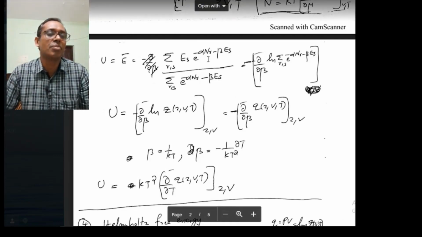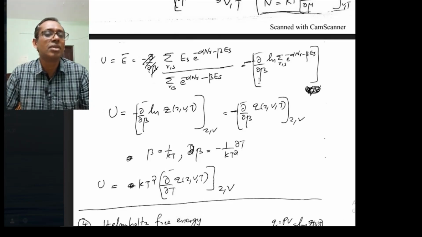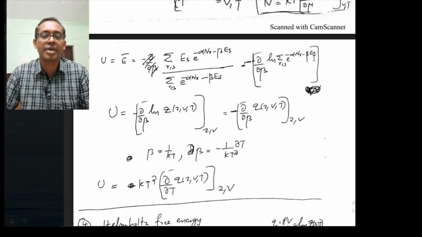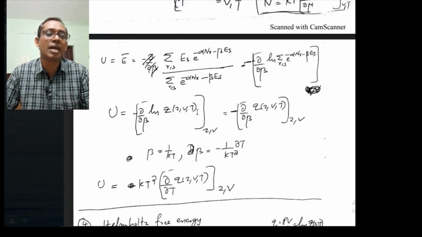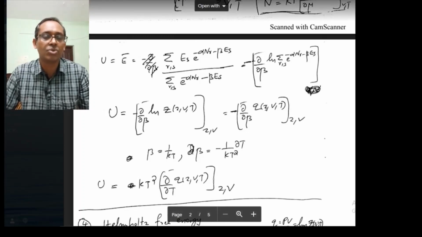This is the probability, so this will be the average energy. So this is minus dou by dou beta of log of sigma over r, s of e to the power minus alpha nr minus beta Es, and this we know is actually the grand partition function. So minus dou by dou beta of log grand partition function, which is minus dou by dou beta of Q, because log z is the Q potential.